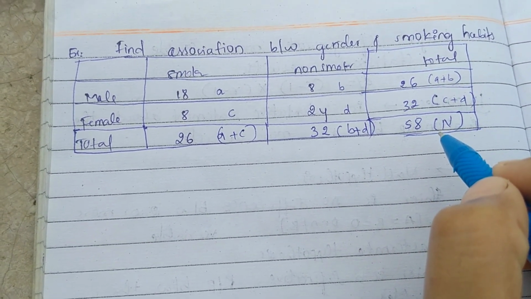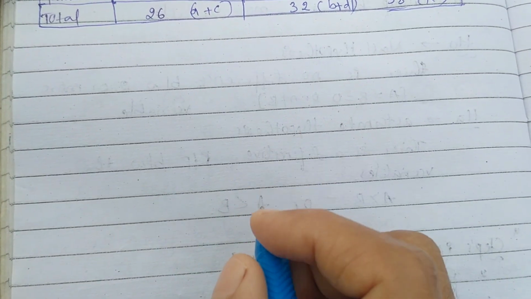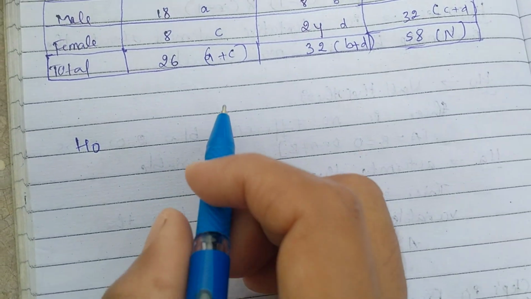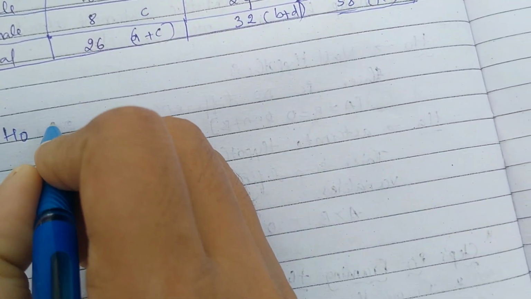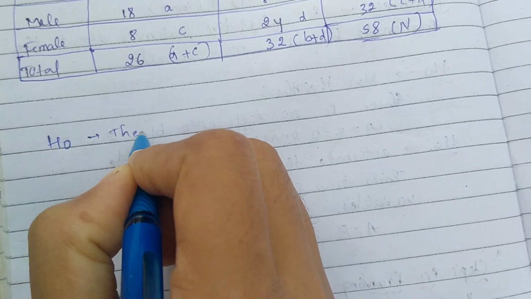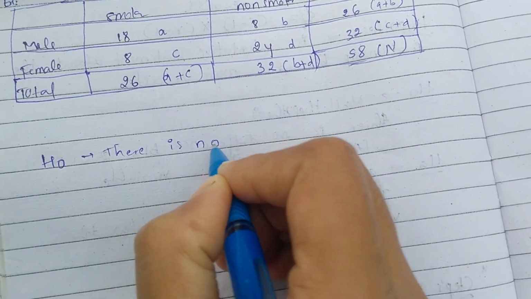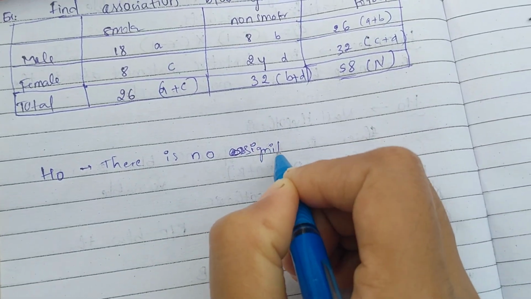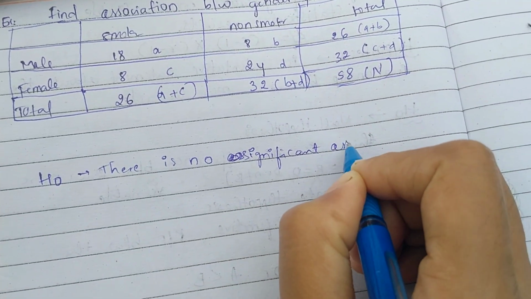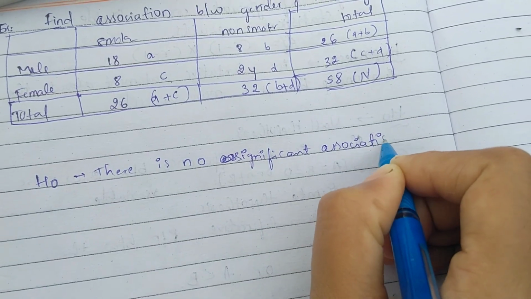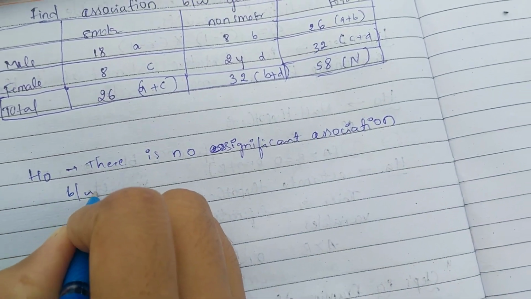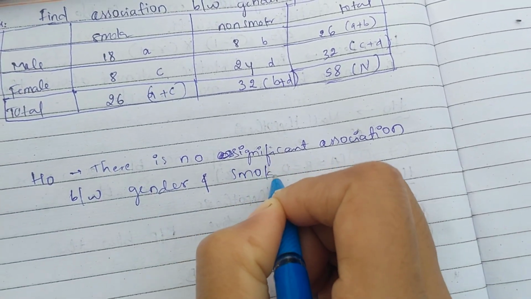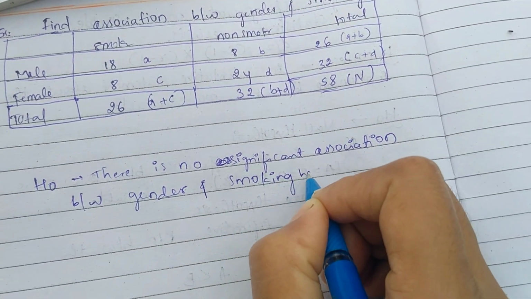The very next step is framing the hypothesis. We'll frame a null hypothesis. The null hypothesis says that there is no significant association between gender and smoking habits.